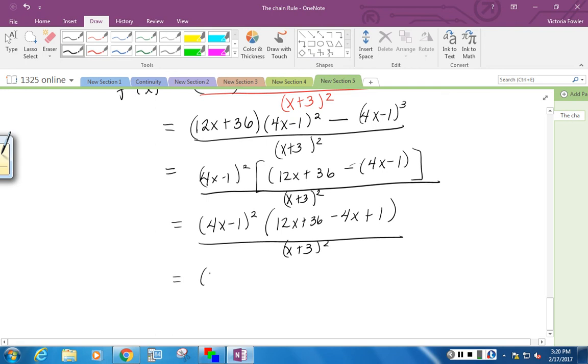And so I could write this as the quantity 4x minus 1 all squared times, and then I combine like terms here. So 12x minus 4x is going to give me an 8x. Then I've got 36 plus 1, so it looks like I'm going to have plus 37. And then I've got my quantity x plus 3 all squared.